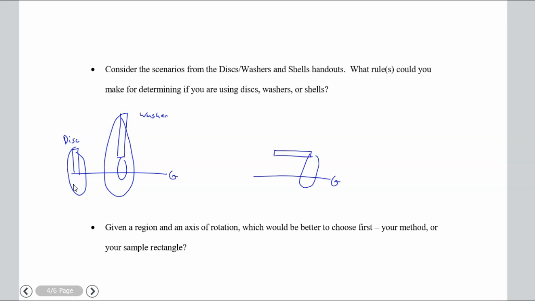So shells will always do something like that. Again, it may be a vertical line that you're rotating around, but shells are always going to be parallel. So looking at am I parallel or perpendicular to the axis of rotation is something that can definitely determine if you're going to be using a disc, a washer, or a shell.